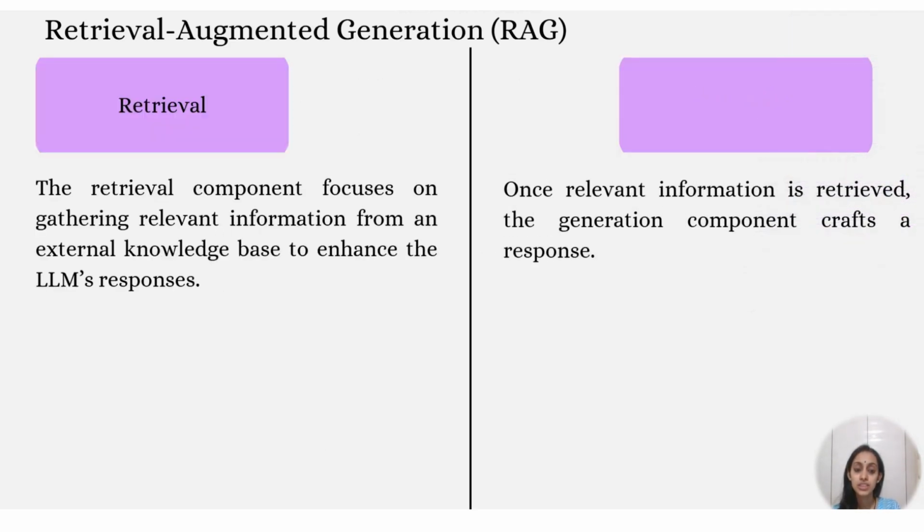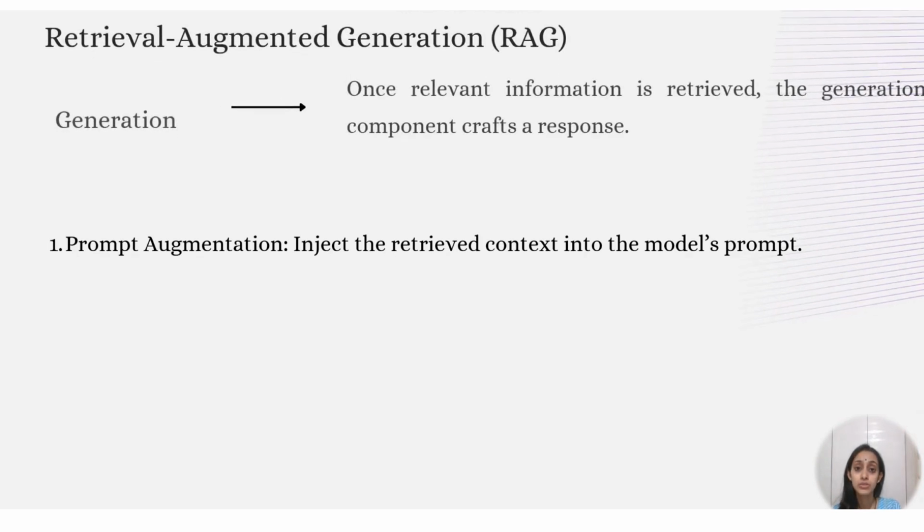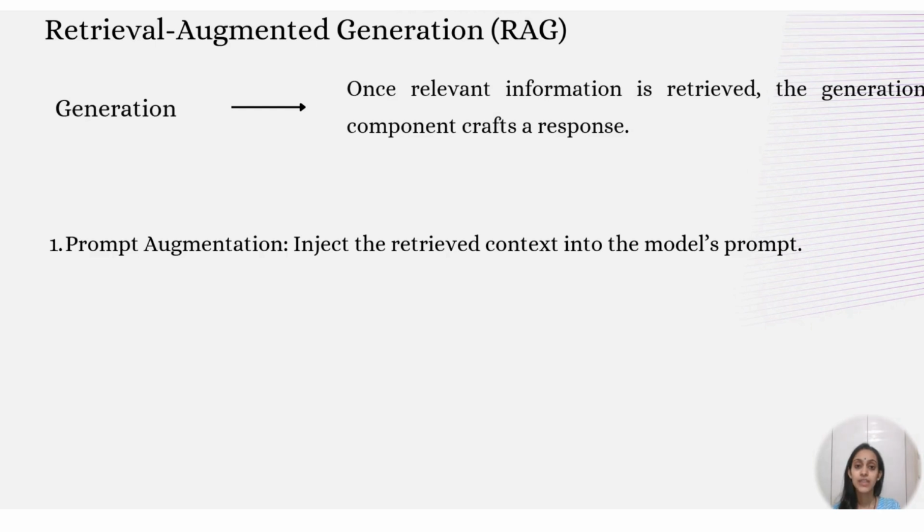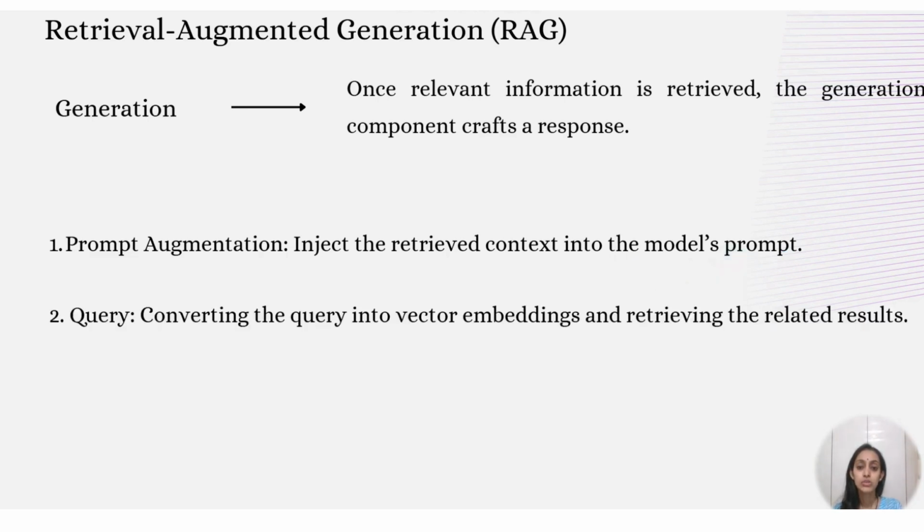So in the generation part, along with the context that we have fetched from our vector store, we pass the prompt to the language model, including our query also. So what we have is the query, the context from the vector store depending on our query, and the prompt, which says that using this query and context, what kind of response should be generated.